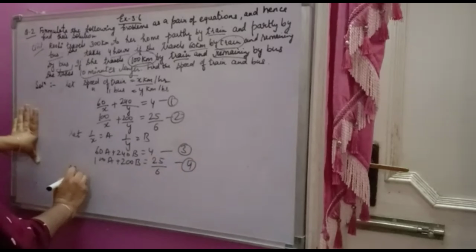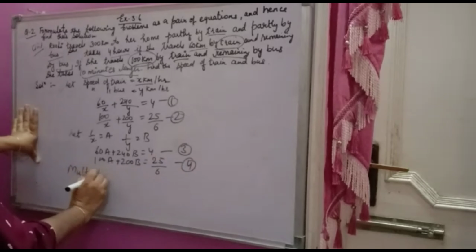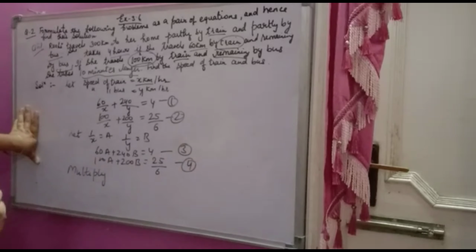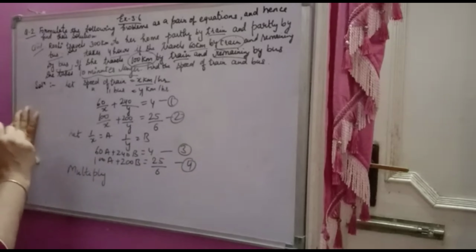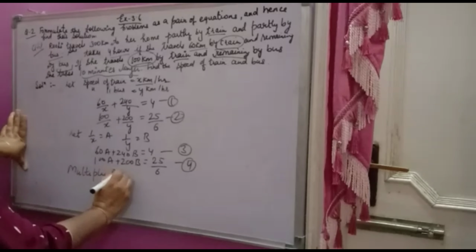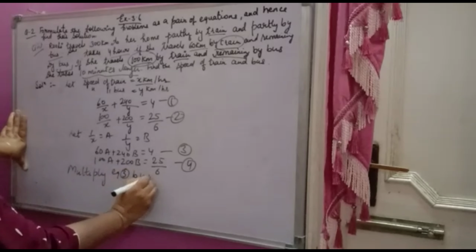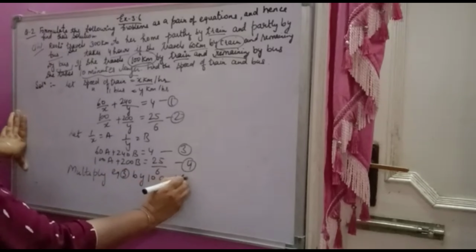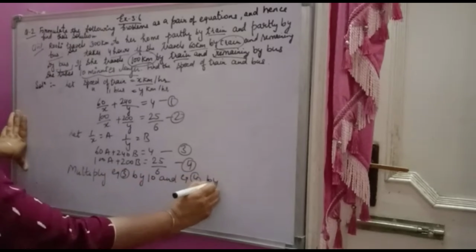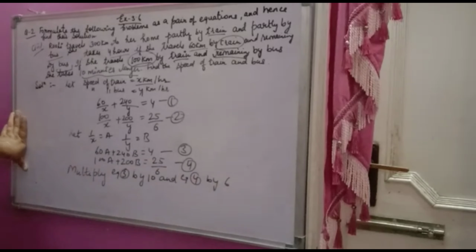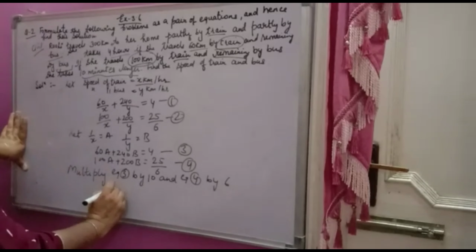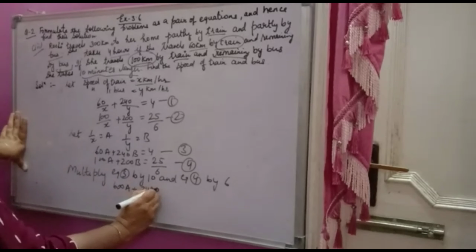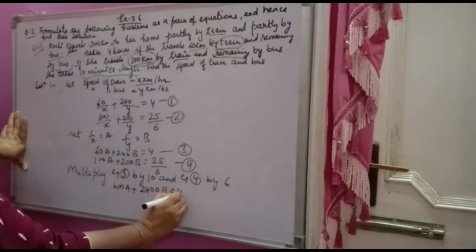Now multiply, because you want to equate the coefficient of a, then only you can use the elimination method. So multiply equation 3 by 10 and equation 4 by 6. You will get coefficient of a 600, then you can solve easily. So 6 into 10, 600a plus 240 into 10, 2400b, and 4 into 10, 40.